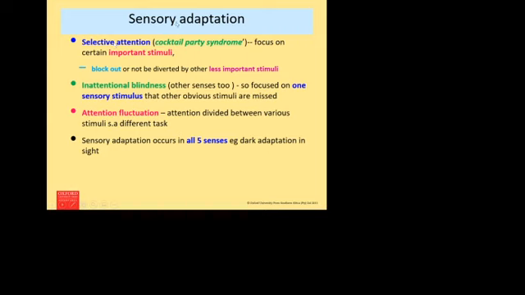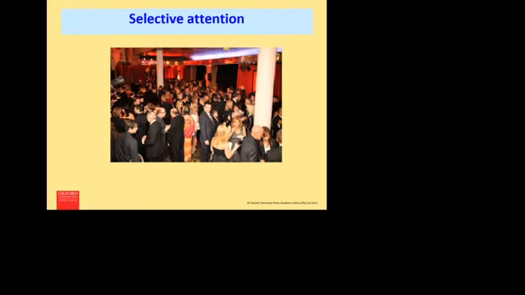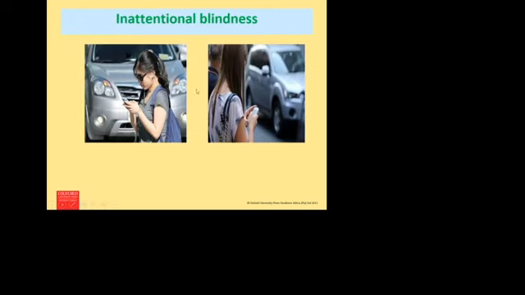The other type of sensory adaptation is inattentional blindness. This is when you focus on one sensory stimulus and miss all other stimuli. Inattentional blindness is quite dangerous. An example is when you focus on just your mobile phone and you ignore or miss all other stimuli that come around you.